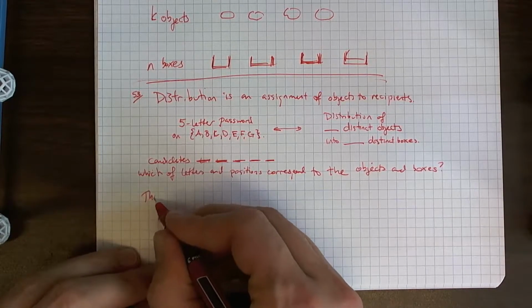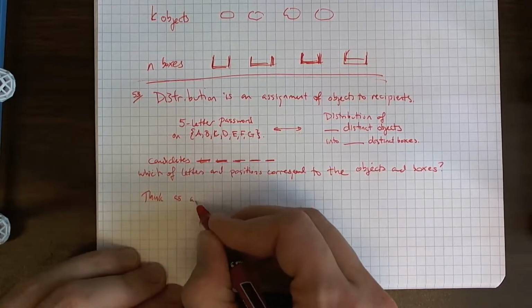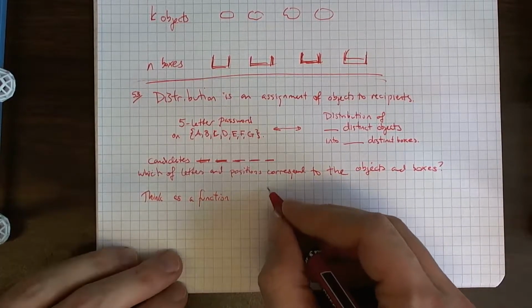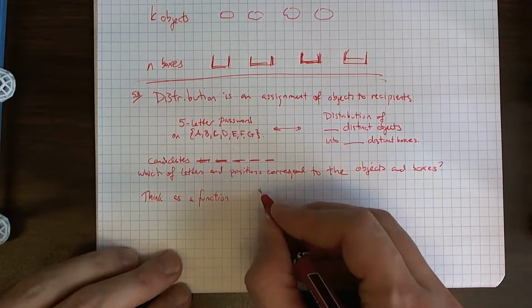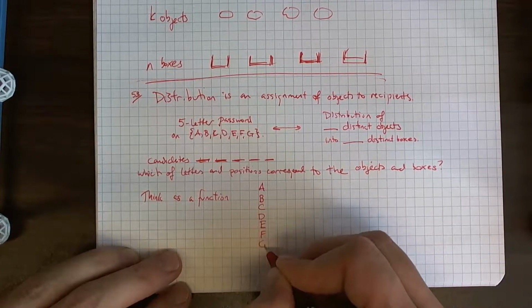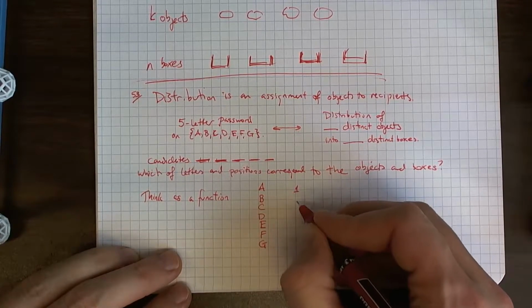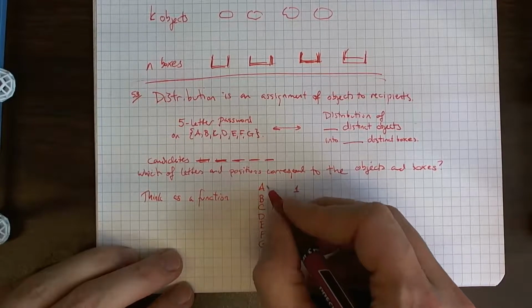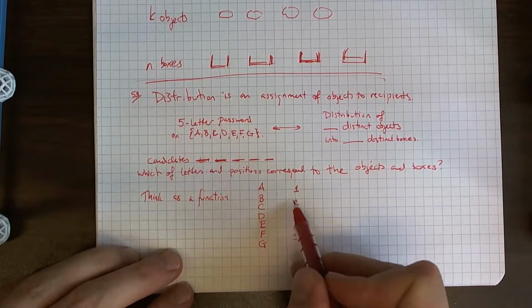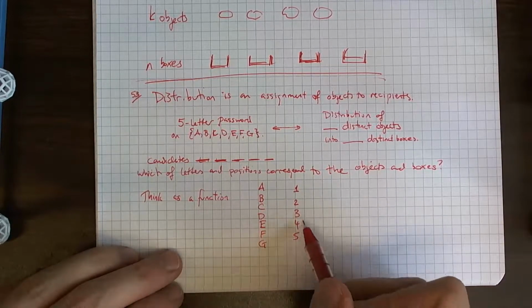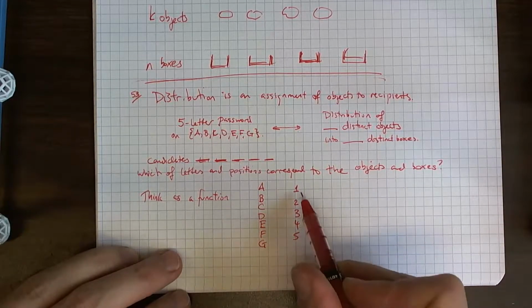So if we think of this as a function from the letters A, B, C, D, E, F, G to the numbers 1, 2, 3, 4, 5, that's assigning each letter to one of these positions.